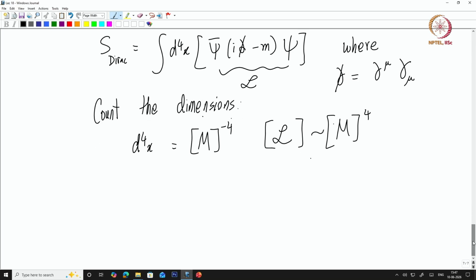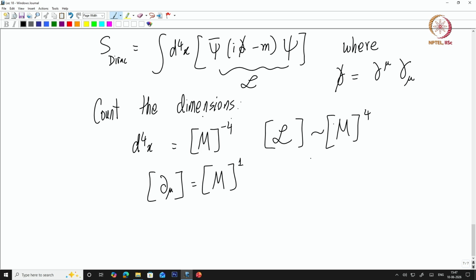So, in this case the first thing which is obvious is essentially the derivative. Del has mass dimension m is equal to 1, okay.